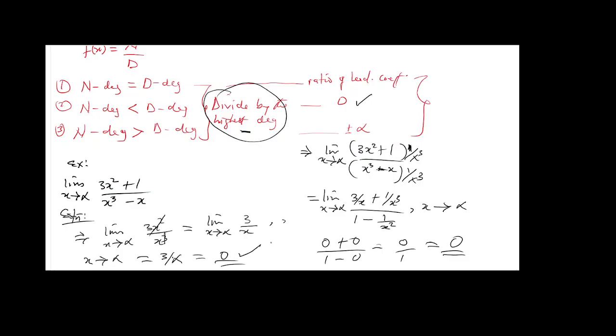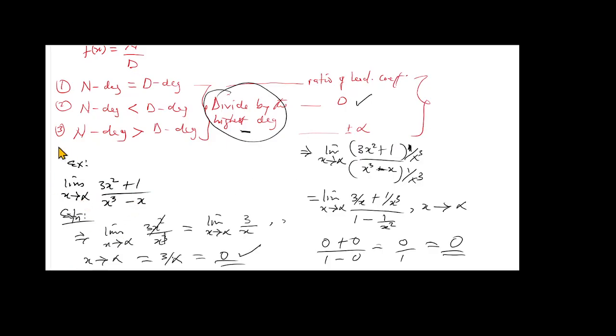Let's take another example where we have the degree of the numerator higher than the degree of the denominator, meaning it is going to be top heavy. We have done bottom heavy now.